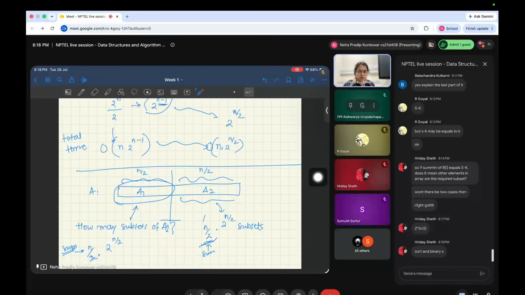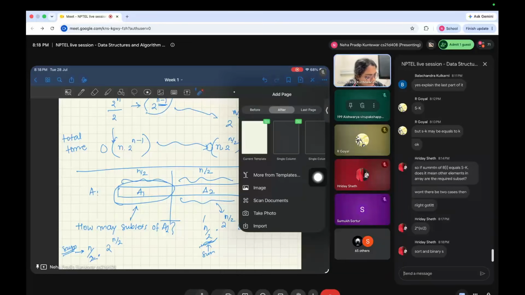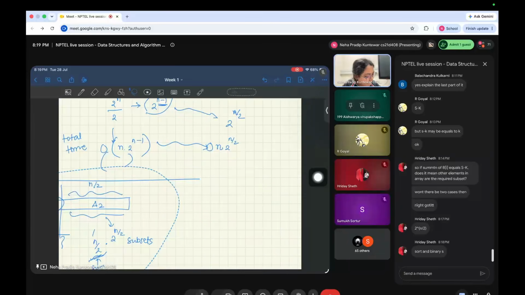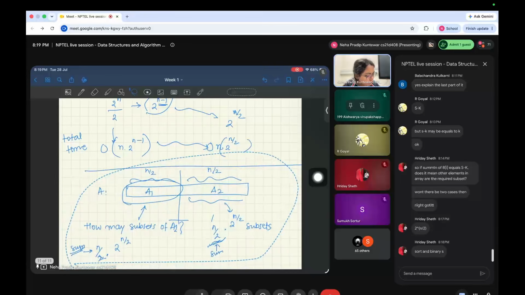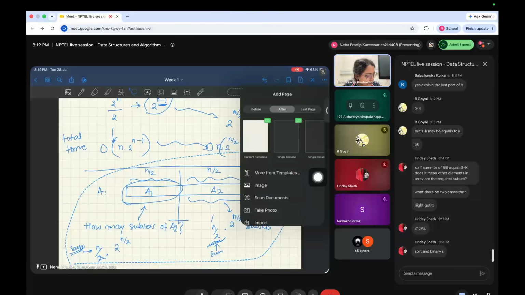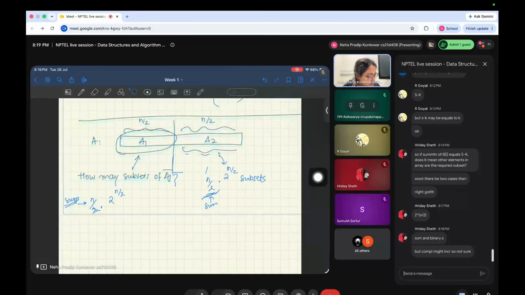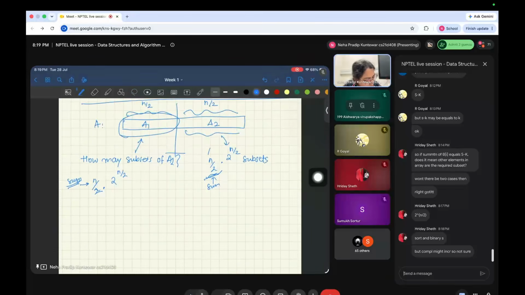Okay, so let's do the next step as well. This is where we were, and you are suggesting that let's sort these sums.